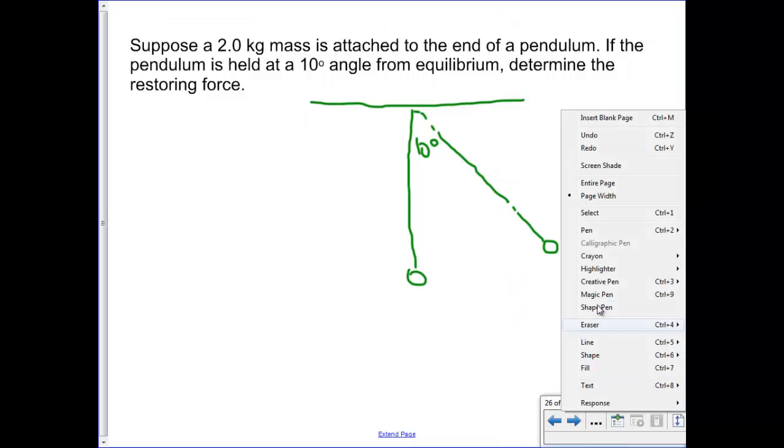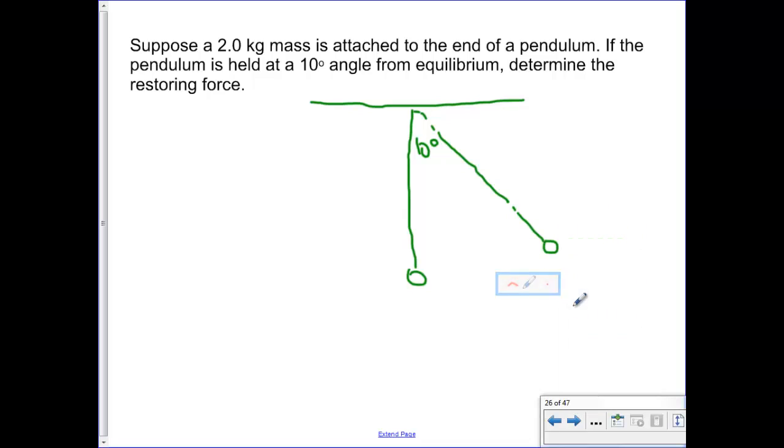What forces are in play on my pendulum? Well, for sure there's a gravity force, because that's pulling it down. We're going to ignore friction, though. Gravity's going to try to pull this guy back down, but he's obviously not going to go back down for two reasons.